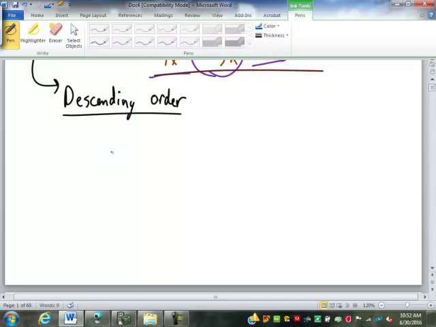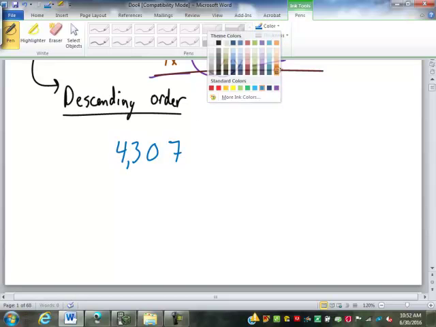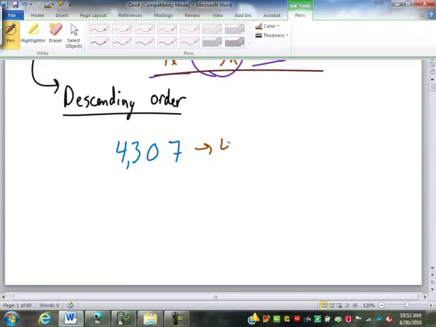Also, if I have a number like 4,307, if I were going to write that out in expanded form, I would have my 4 thousands, or 4 times 10 to the third, and my 3 times 10 to the second. Do I need to put the 0 times 10 to the 1 or 0 times 10? No, I can just skip that and then put my plus 7.